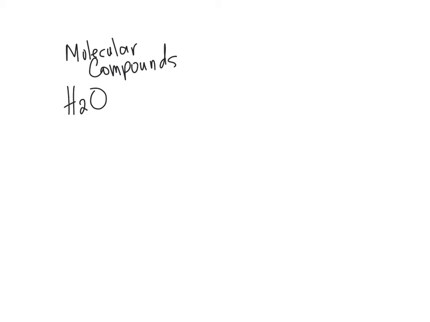Covalent compounds. Right? Covalent or molecular. Can you give me an example of a molecular compound? Water. Probably the most used example of molecular compound in the history of teaching chemistry.